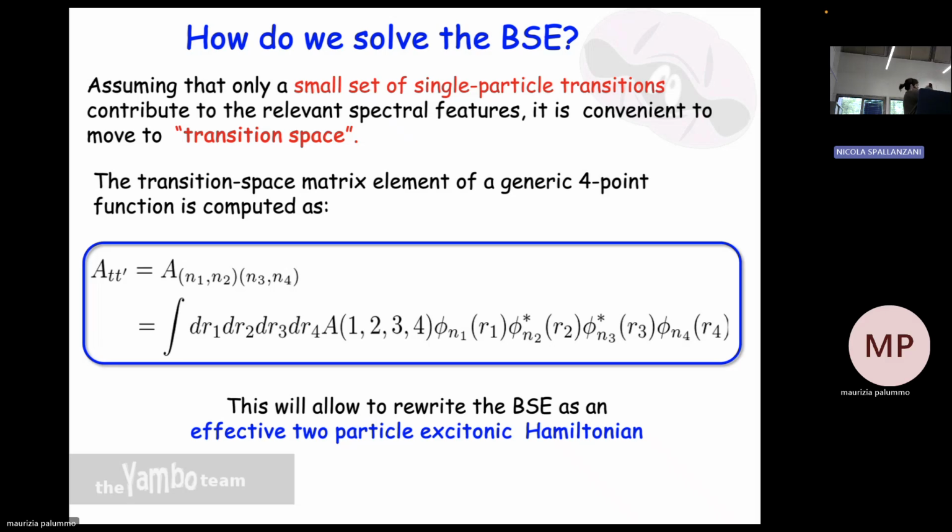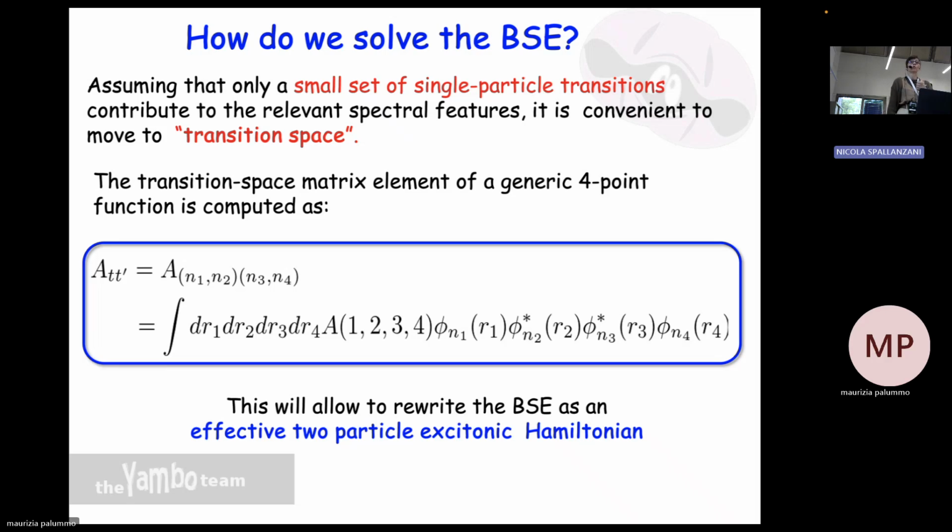Maybe you are interested in the transitions in a certain region near the edge, or in some part of the spectrum. So you can typically restrict the number of transitions involved, instead of solving the equation in real space and time, which is an equation for 4 points. What we do is rewrite the equation in the transition space. How is it done?